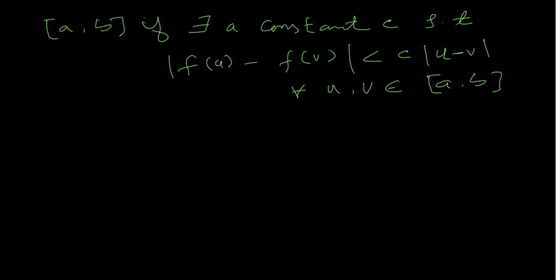That infimum is called the Lipschitz constant. So we are not interested here in the Lipschitz constant. The Lipschitz function is the function for which there exists a constant C with this property: mod of f of u minus f of v is less than C times mod of u minus v.